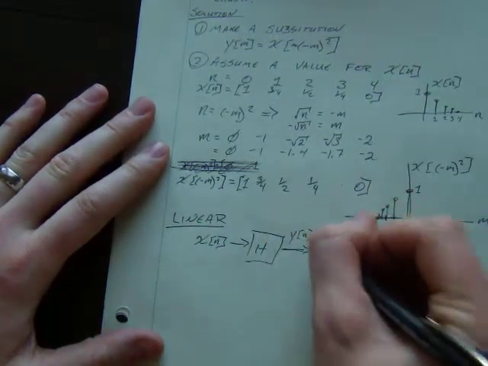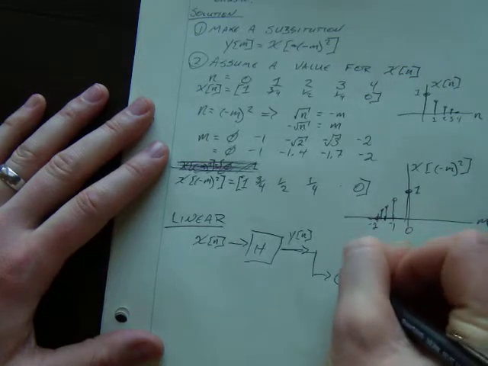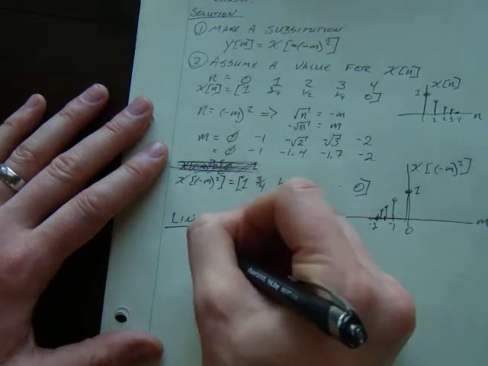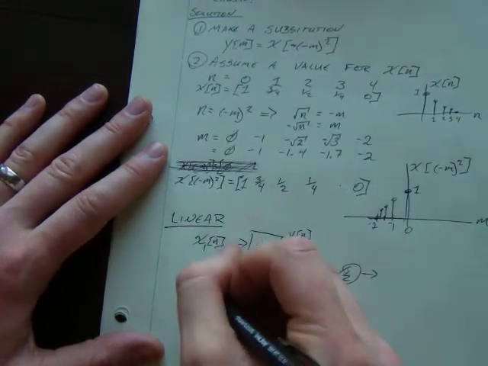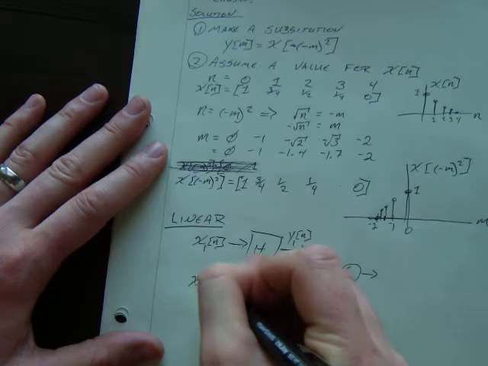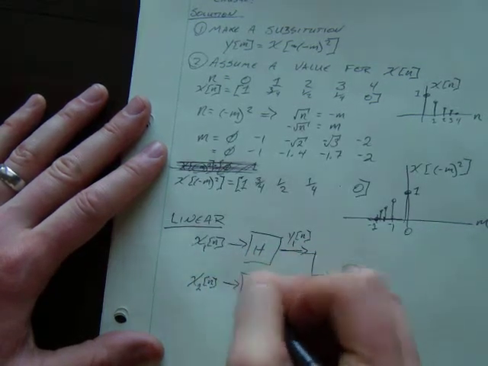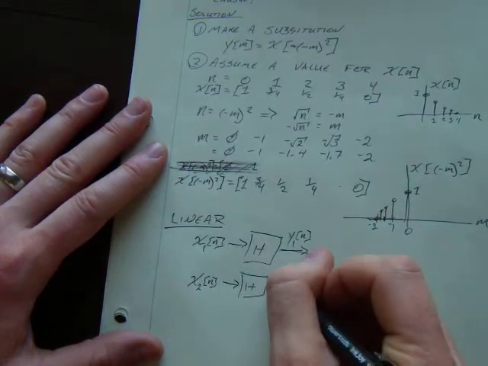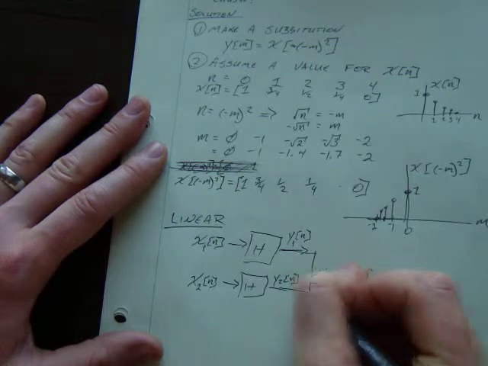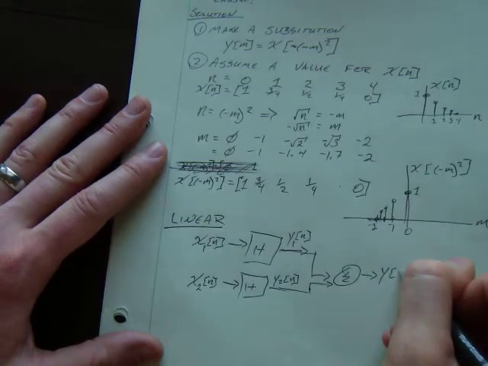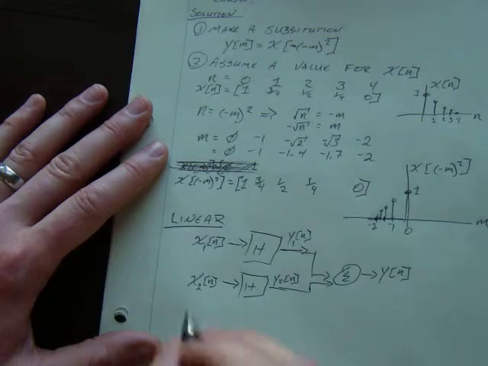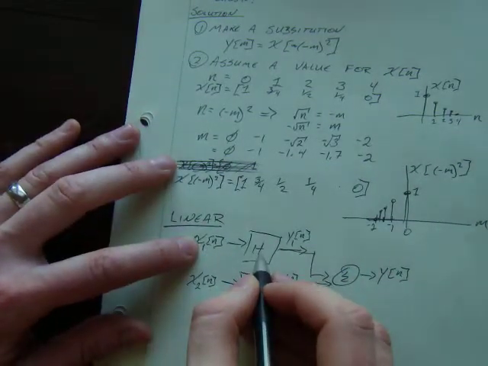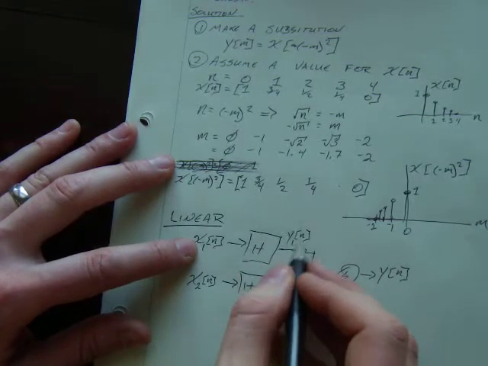Okay, so we take this output and we run this down into a summation block, and this is going to be x1, y sub 1, and then we are going to have x2 of n that we run through an h block, and then the output of this again runs into the summation block, and this is going to be y sub 2 of n, and this is just y of n. So if we trace this through, x1 goes through one h block and we get y1 of n.